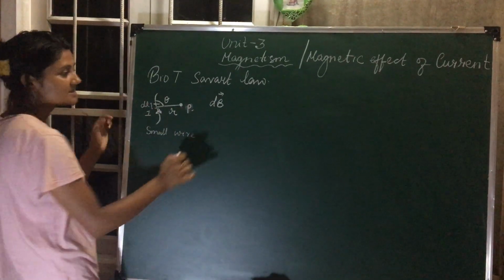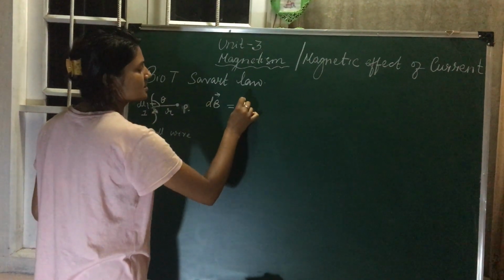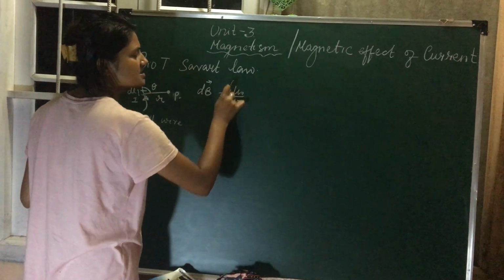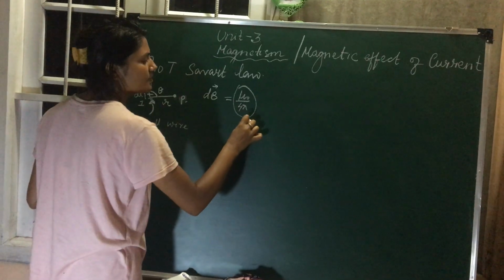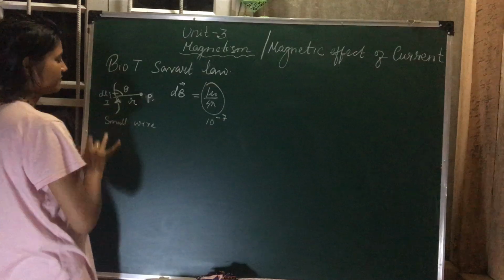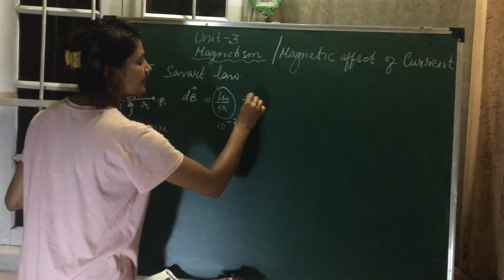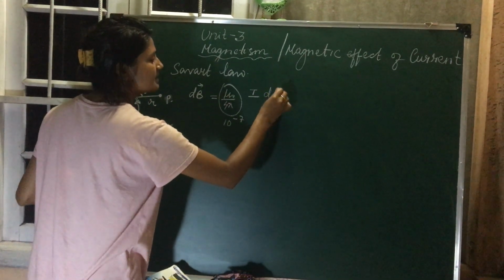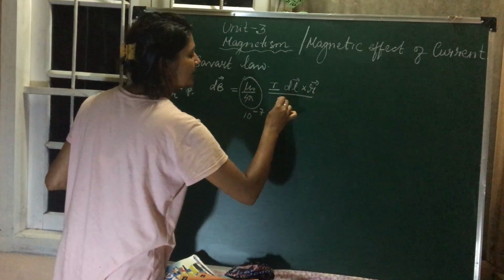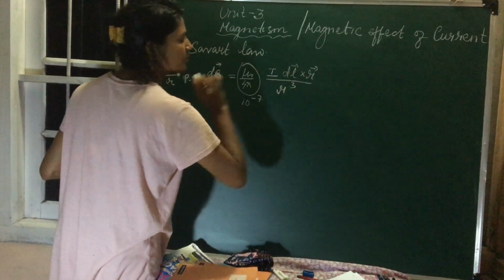This is given by some constant. This is a constant, its value is 10 to the power minus 7, just like in electric field. This is equal to I dl cross r divided by r cube.